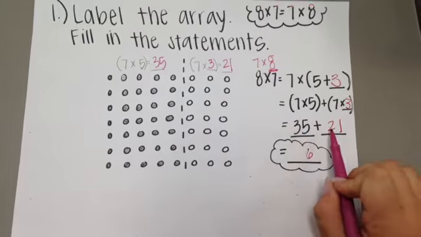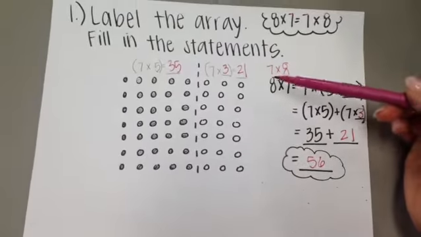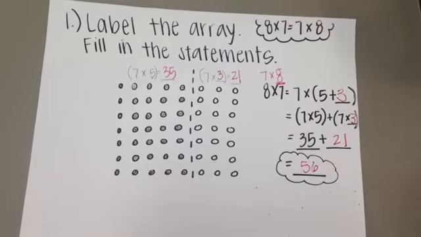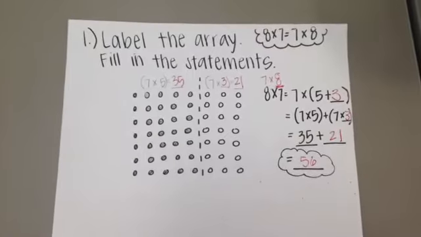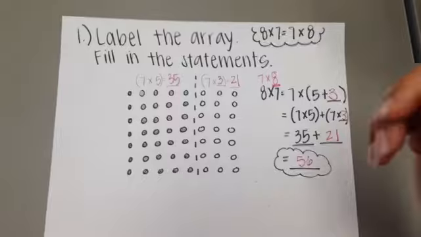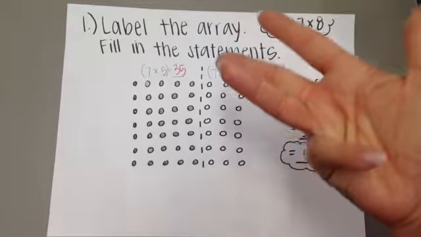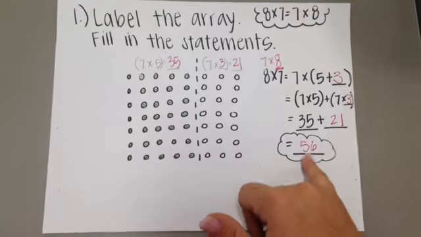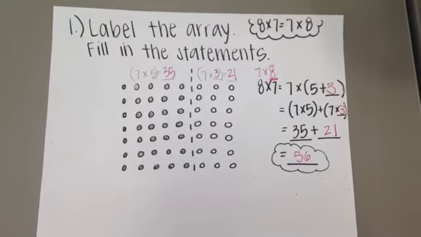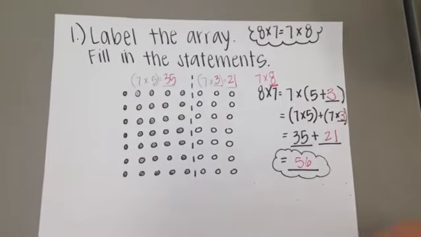And 3 tens plus 2 tens is 5 tens. So 8 times 7 is 56. And if I check my work, count by 8 7 times, 8, 16, 24, 32, and 40, 48, 56. Hey, I did get that answer. So it's always a good idea to double check your answer in more than one way to be sure that you did everything right.